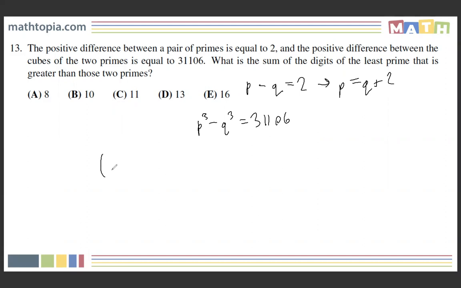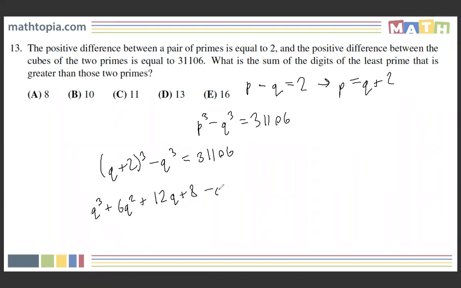And now we plug in here. Q plus 2 cubed minus Q cubed is equal to 31,106. Cubics are very difficult to solve, but if you notice, the 2 cubic terms cancel each other out. So we get Q cubed plus 6Q squared plus 12Q plus 8 minus Q cubed is equal to 31,106.